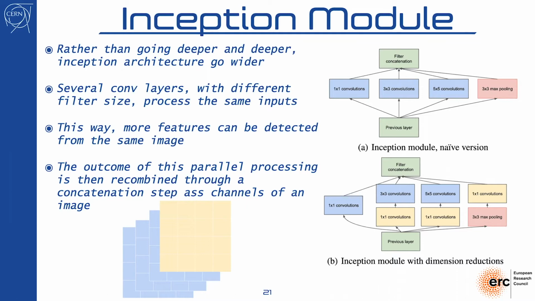And this is counterintuitive in the sense that this parallel processing seems to contradict the idea that you want to go deep in order to increase the architecture complexity. But empirically, it was found that it was boosting performance with respect to plain AlexNet.